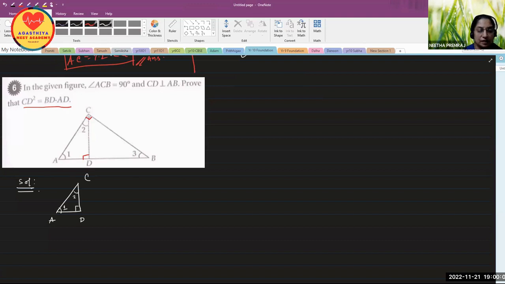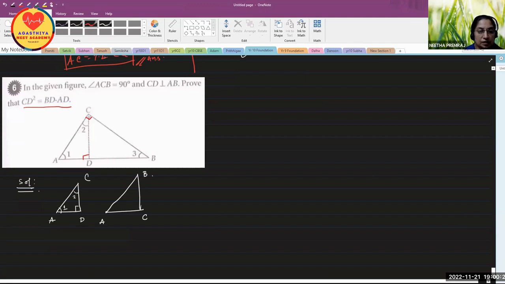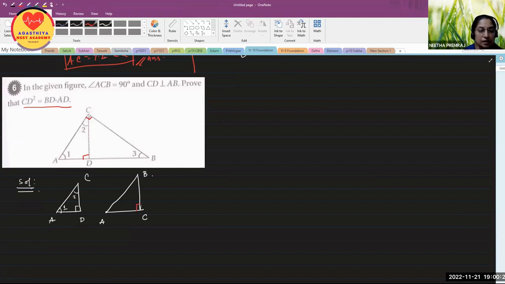This is 90 degrees. And I draw the triangle CAB. Now if you see, at C it is 90 degrees. This is 1.